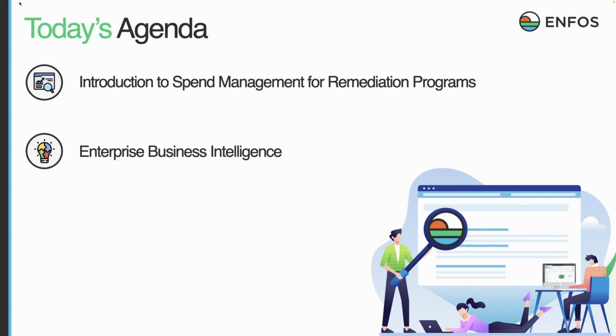With analyzing data, particularly spend data, you really can't do that effectively and efficiently without enterprise business intelligence. So we're going to be talking about the ENFOS business intelligence capability and showing you several examples created using ENFOS BI and Power BI. And those will be demonstrations. And then we also have some other use cases that we're going to be sharing as examples on work that we're doing with customers in this area.